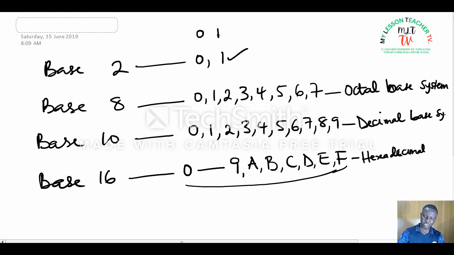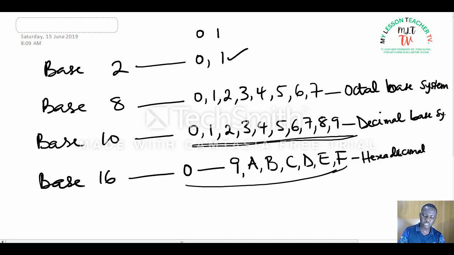Other base systems are also used by other systems, but the one mainly used by we humans is the base 10, which I also call the decimal base system. This is the one understood by man, and in order for us to communicate very well with our electronics, we need to know how they see whatever instruction is being given.